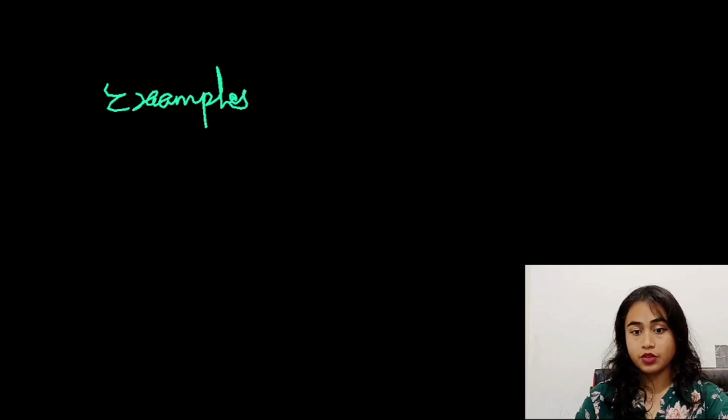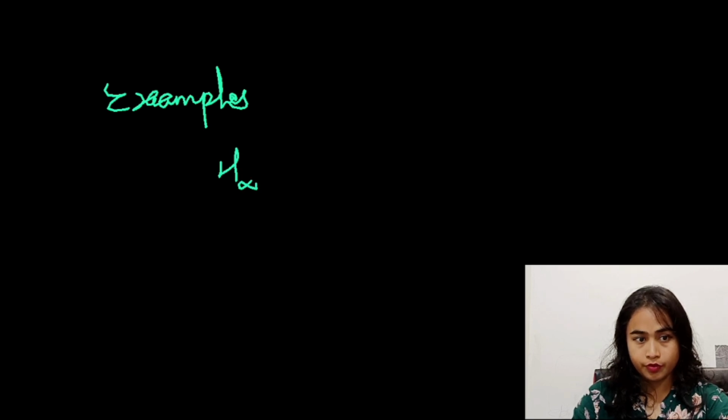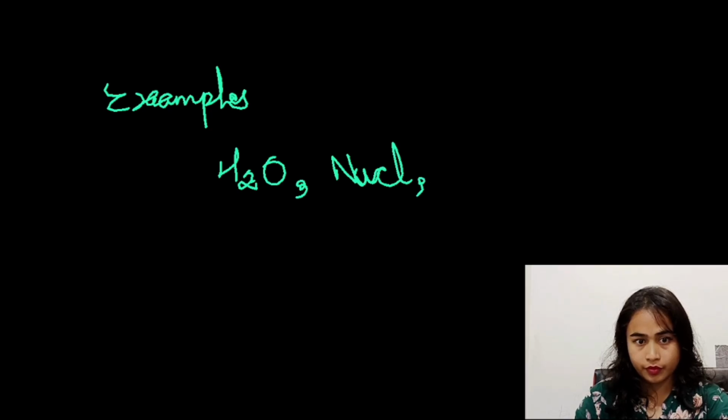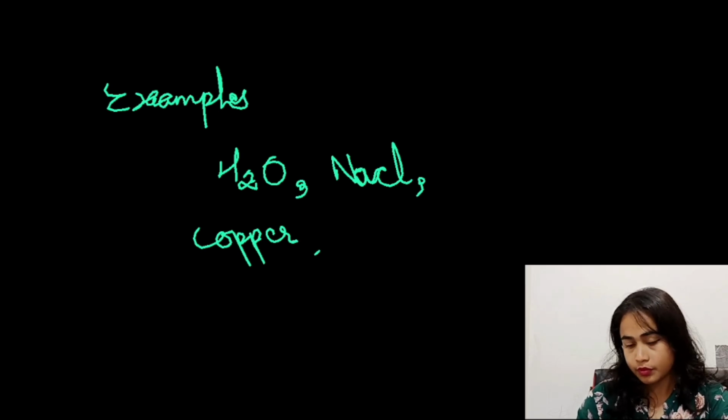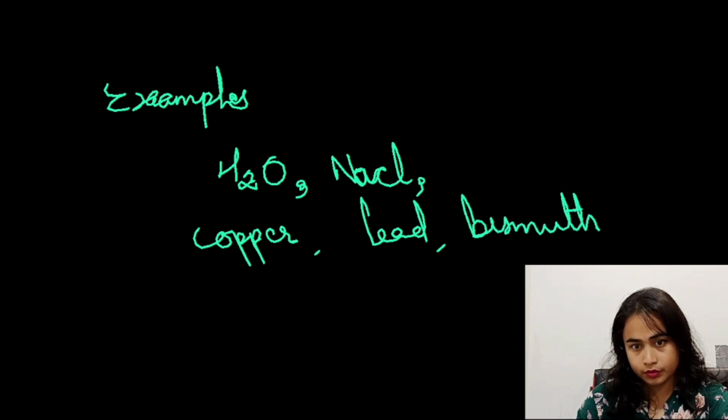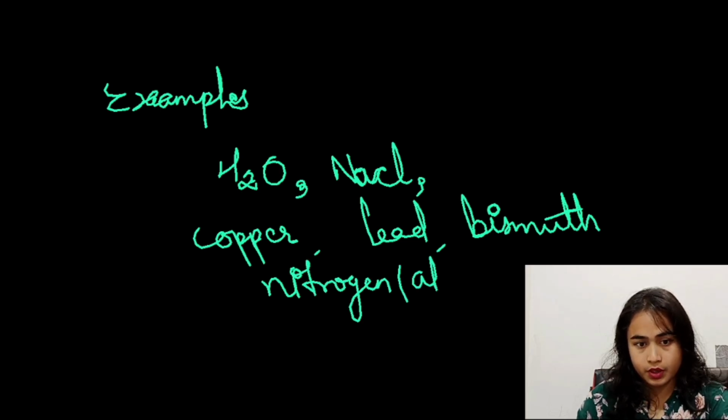Now some examples of diamagnetic substances found around you: water, H2O, then common salt, and copper, lead, bismuth, nitrogen, but at STP.